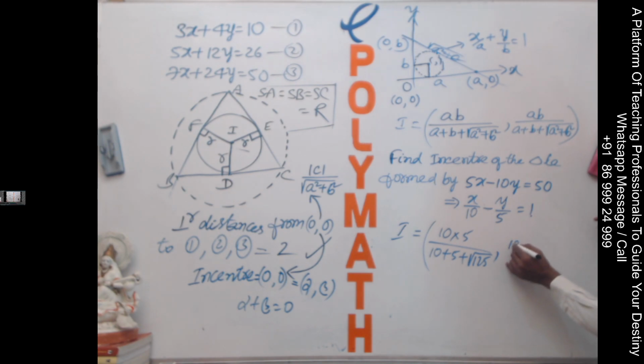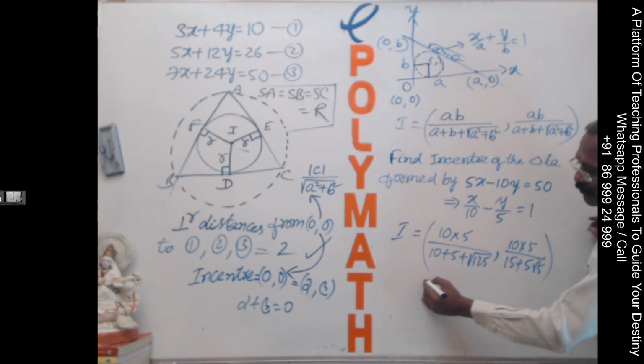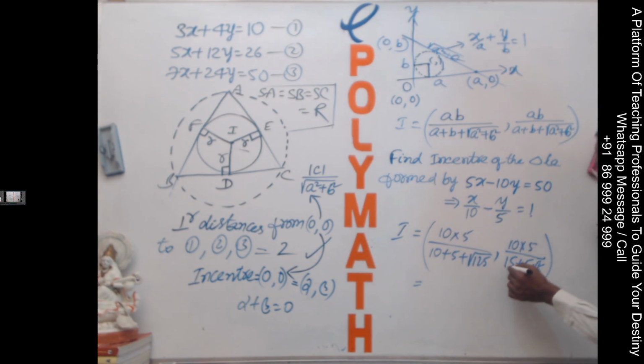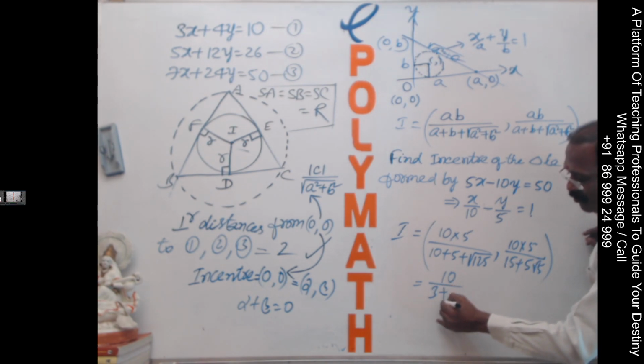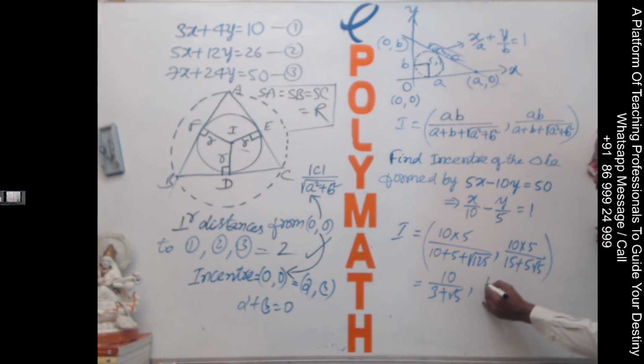And it is also the same: 15 plus 5 root 5. If you simplify this, take 5 common here, 5 gets cancelled, 10 by 3 plus root 5. It is also 10 by 3 plus root 5.